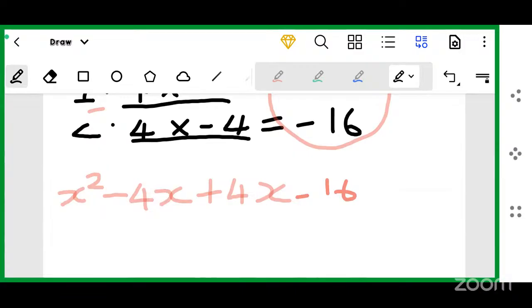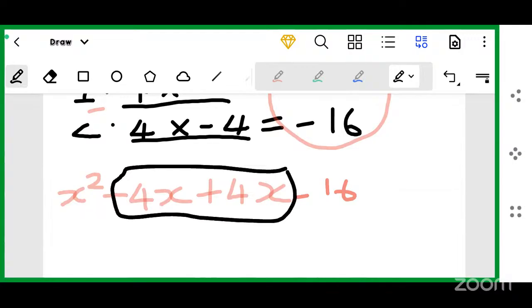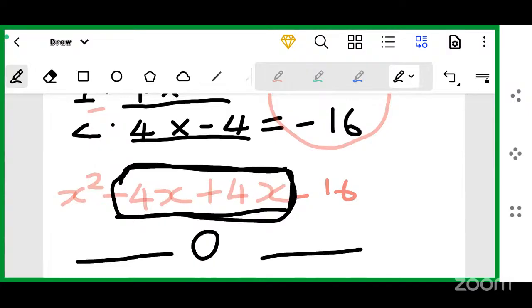Okay, so what's going to be your final answer? Let me just say, what is negative 4x plus 4x? 0. And then what's going to be on your left-hand side and what's going to be on your right?